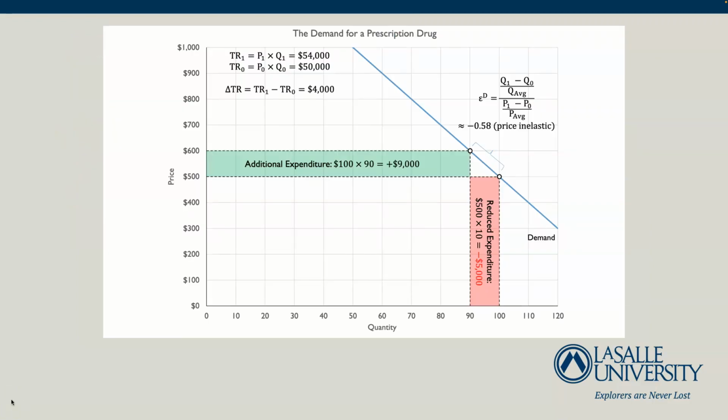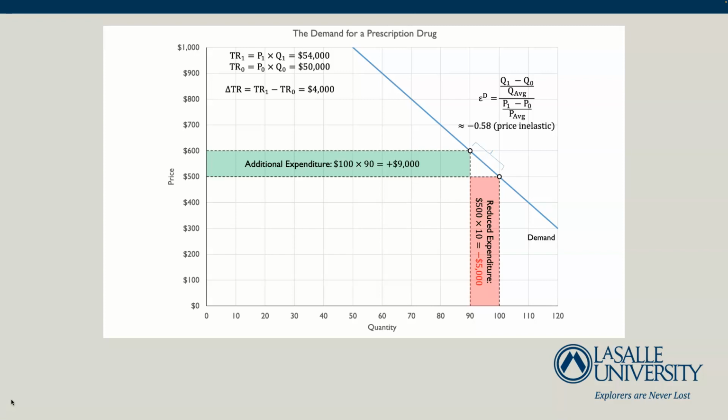We noted that because of that price increase, total revenue and total expenditure are rising. So we have additional expenditure of $100 per unit for the 90 patients who continue to buy this prescription drug. That's adding $9,000 in total revenue or total expenditure on this drug. We also have reduced expenditure by $5,000 because now there are 10 patients who are no longer buying that prescription drug at $500 per unit because of that price increase.